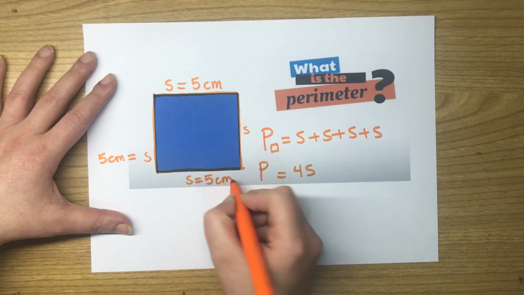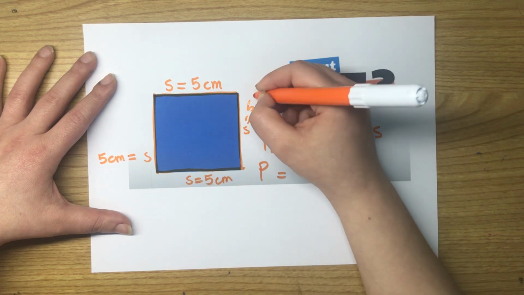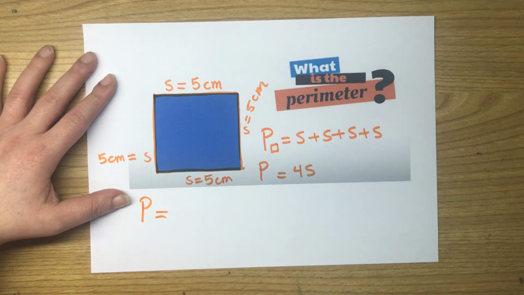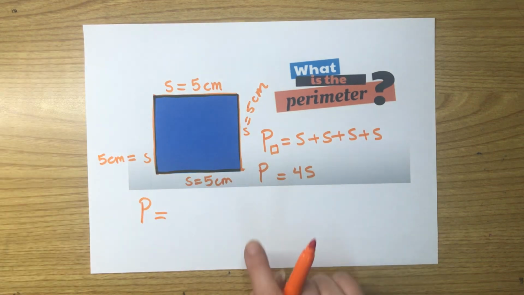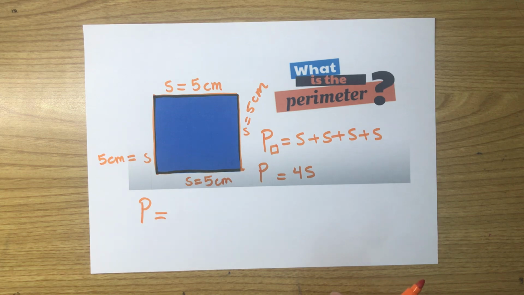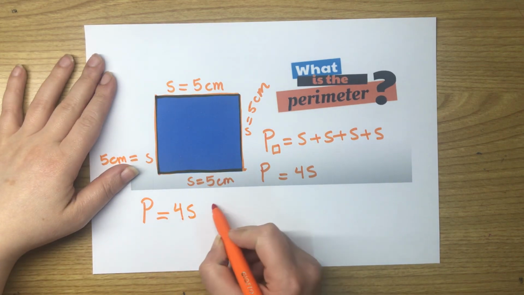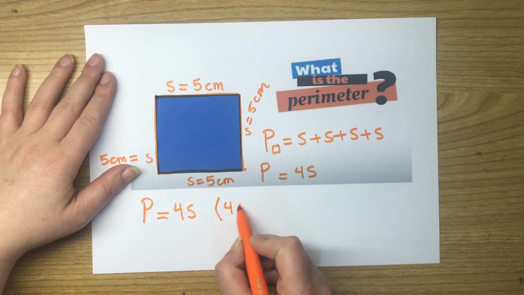What is the perimeter for this square? You have to always start by putting the formula before you start solving the question, so you won't miss any of these elements. So it's going to be 4S. That means 4 times S.